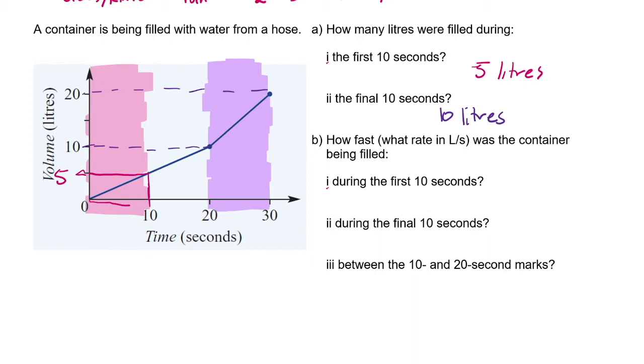Then we have, what was the rate that the container was being filled during that first 10 seconds? Our rate for the first one is still our rise over run, which is 5 over 10.